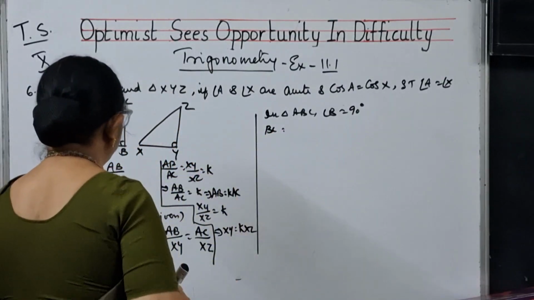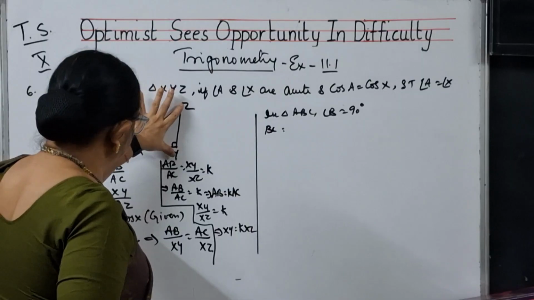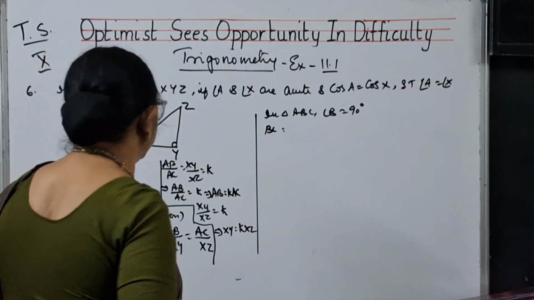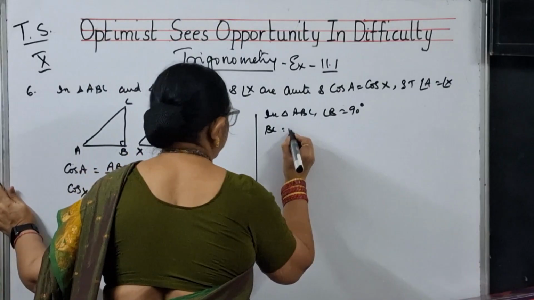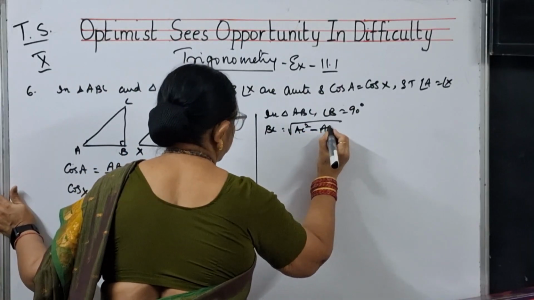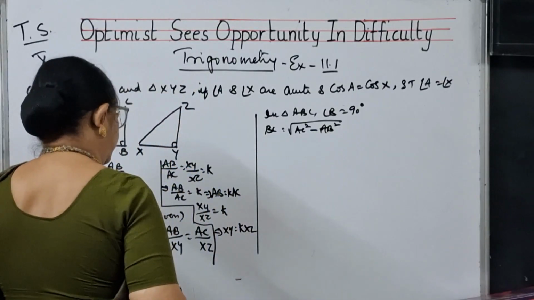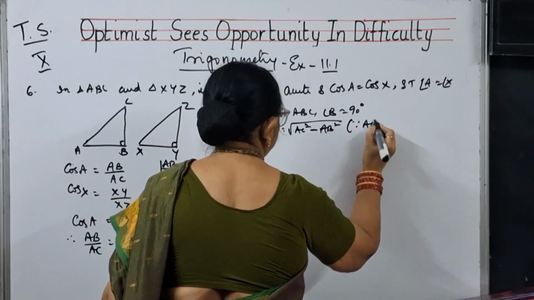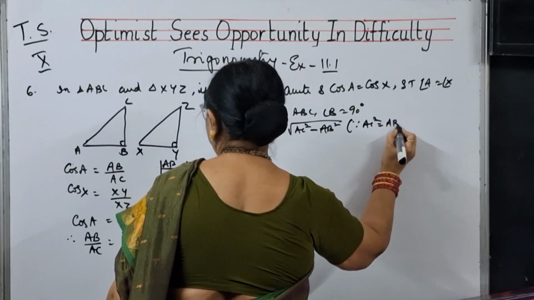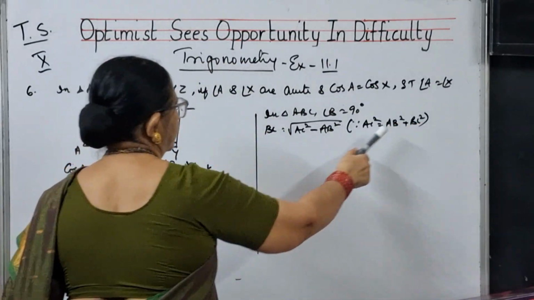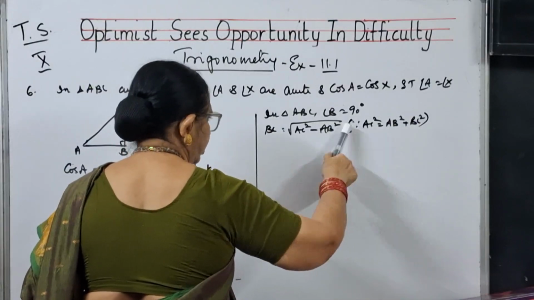I told you we need to prove that BC and YZ are also proportional. So BC is equal to root of AC square minus AB square. Why is it? Because we know that AC square is equal to AB square plus BC square. So based on this, BC square is AC square minus AB square.